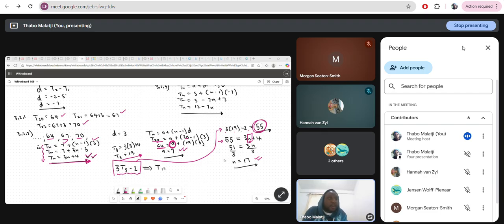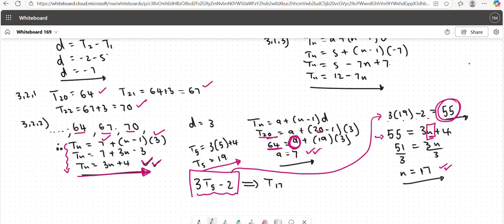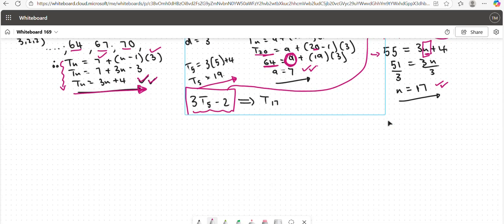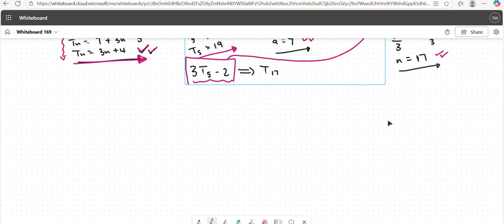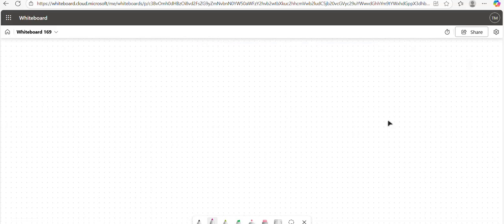All right. Let's move on to the next part of this patterns, which is 3.3.